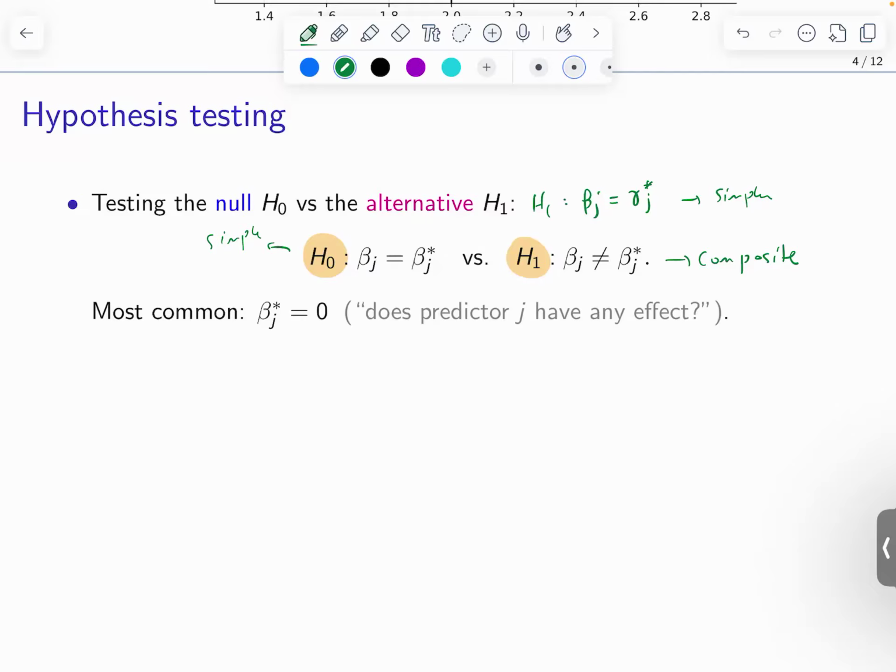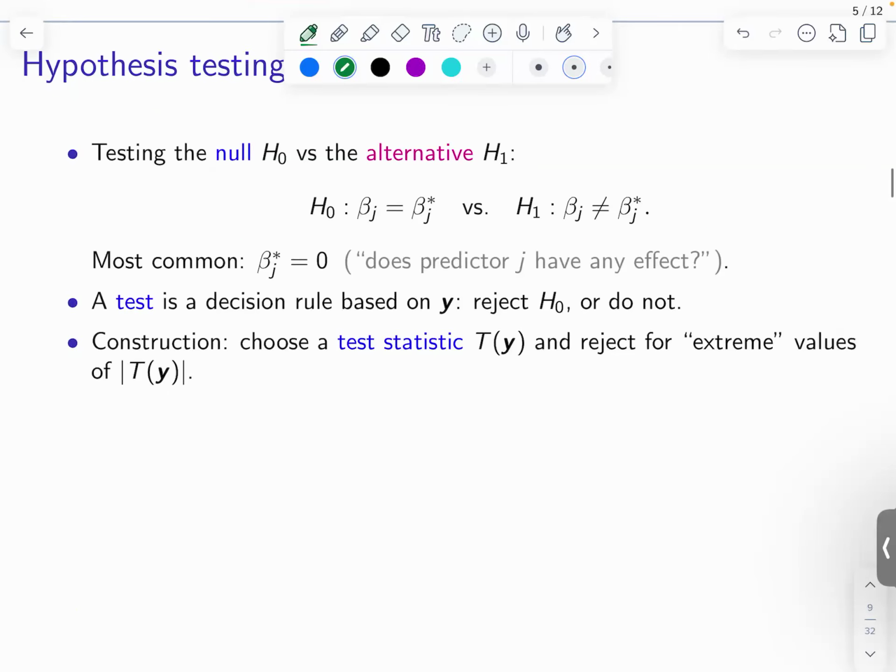In this problem, what you usually do is define a decision rule, okay? A test or a decision rule based on y, which is basically a function that maps y to a binary decision. We might show it as delta y, which would be, let's say, 1 if we often construct a test statistic, represented as T of y here.